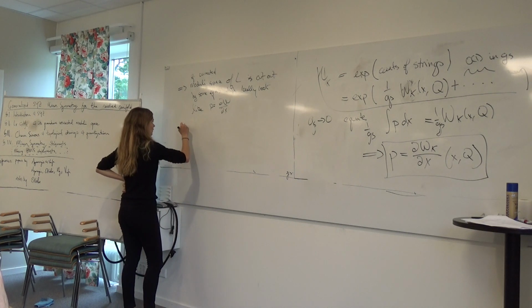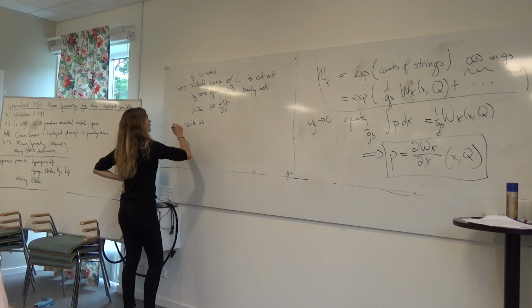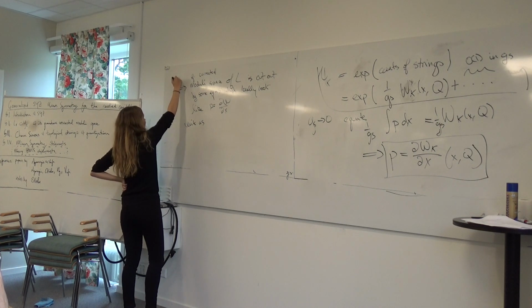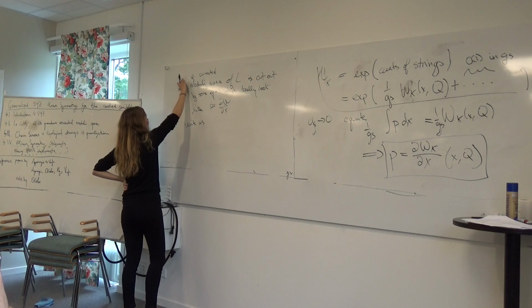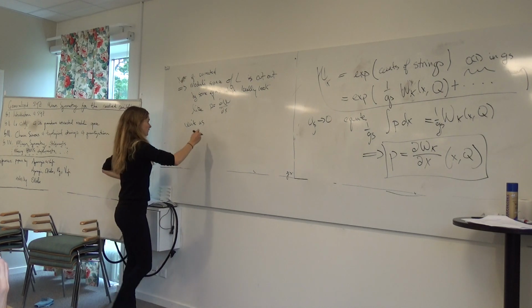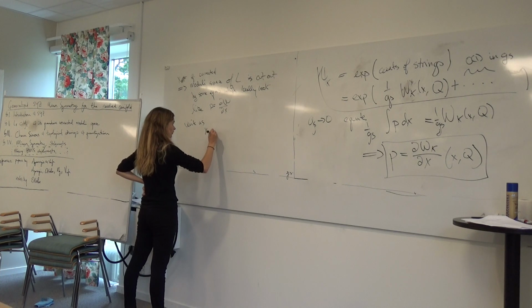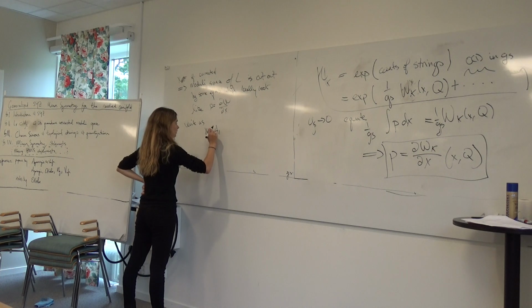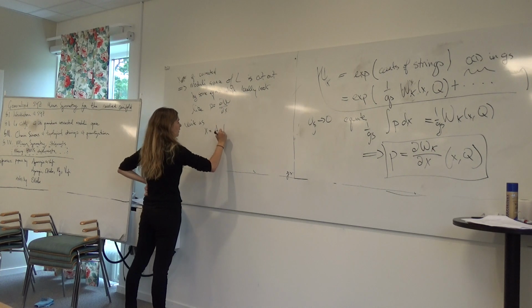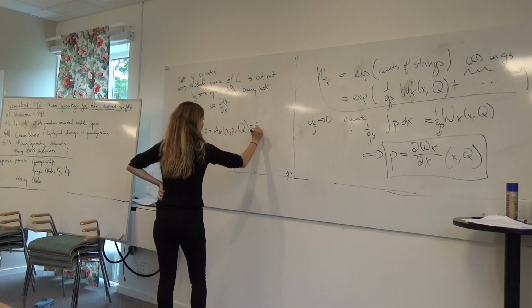And so we write this as, maybe we want to call this x naught. Well, that's terrible. So if we call X to be the quantum corrected moduli space, we write X is equal to the curve A_k(x, p, q) = 0.